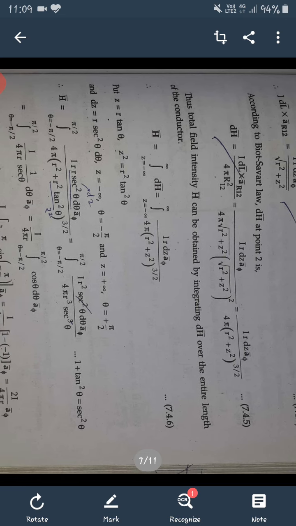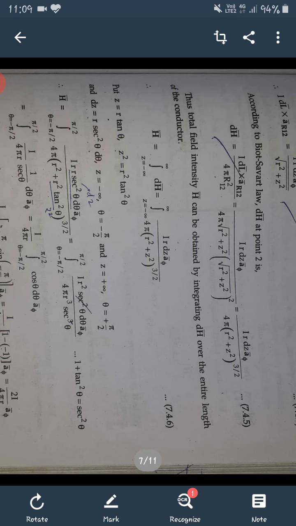Now H equals the integral from theta equal to minus pi by 2 to pi by 2 of I times dz, which is r sec square theta d theta, a phi, divided by 4 pi times r square plus z square, where z square is r square tan square theta, to the power 3 by 2.